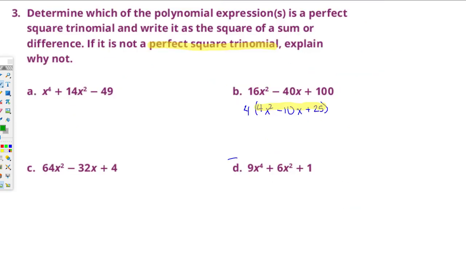So which of these fails because of signs? A is not a perfect square trinomial because this would need to be positive.